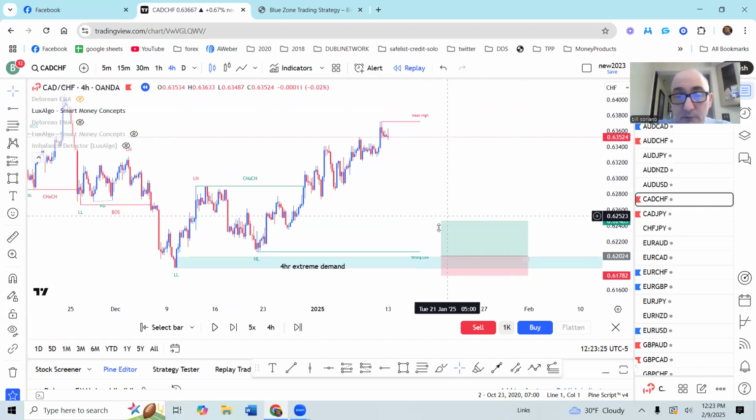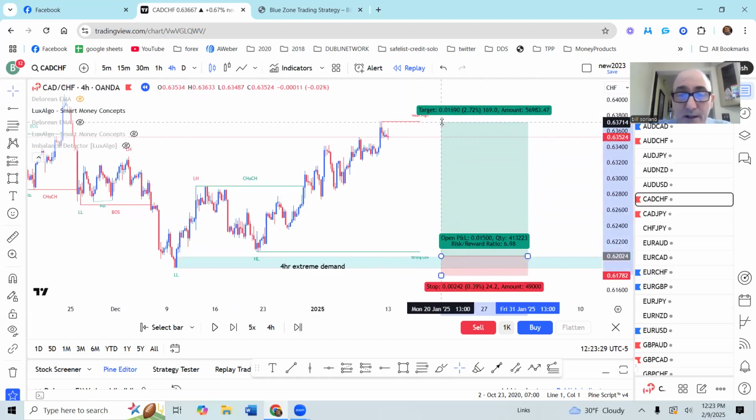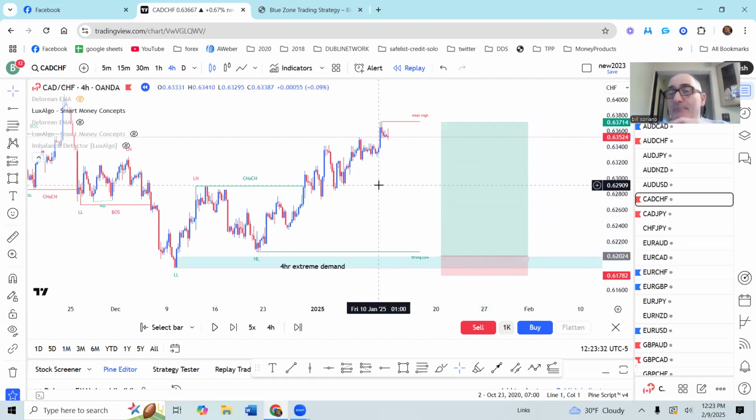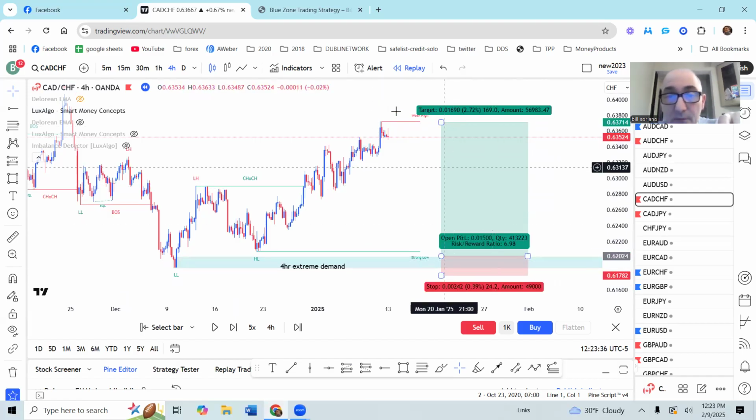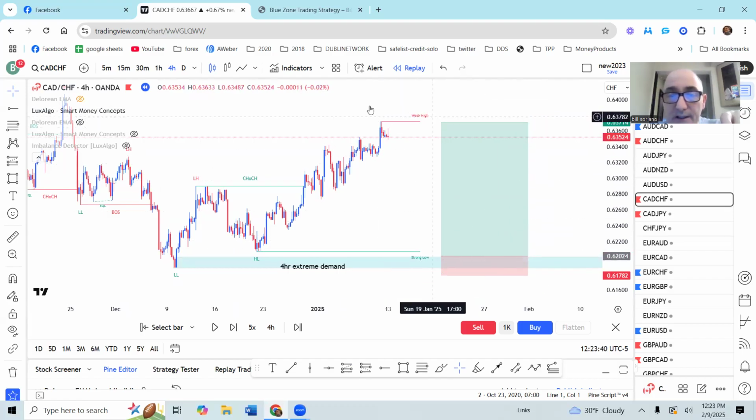And then we could target this high here. This is why I was telling you at the beginning of the video, we need to get better risk to reward ratios. This risk to reward ratio right here is almost a 1-to-7. And all we're doing is targeting this high, the high that's formed before price comes back to this area.